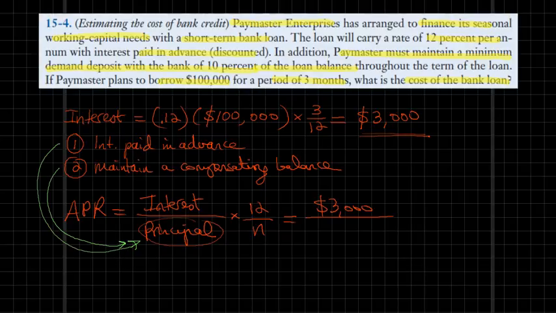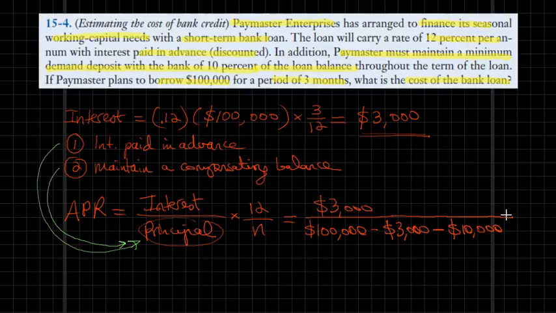So with these facts, we know that the original principal is $100,000. However, we need to pay the $3,000 interest in advance, and in addition we need to maintain a $10,000 compensating balance, assuming that our company has no balance with the bank currently.